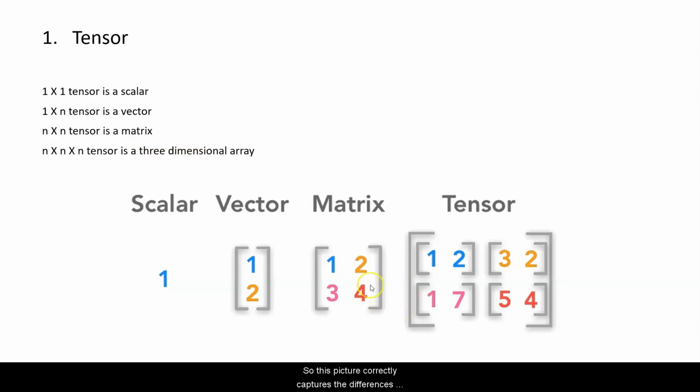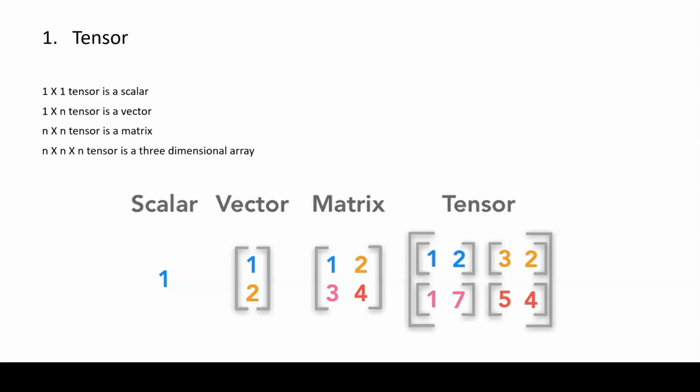So this picture correctly captures the differences between each. The first figure is a scalar, the second figure is a vector, the third one is a matrix, and finally the fourth one is a three-dimensional array.